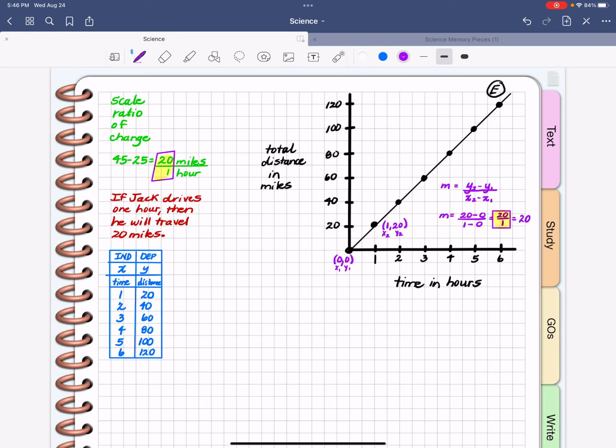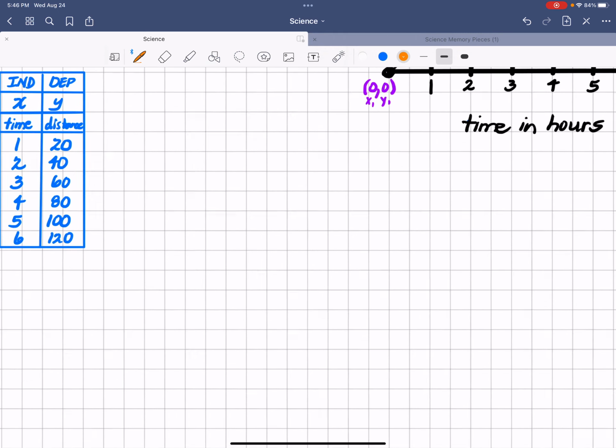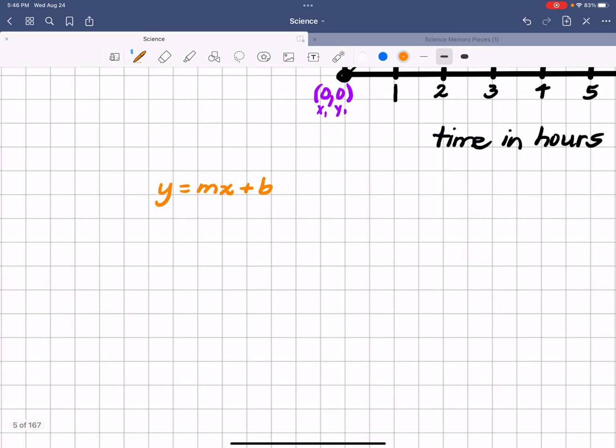Now, if you want to write an equation for your line, as we did in some of those previous videos, here's how you would do that. You need the point slope formula. So you would have y sub 2 minus y sub 1. No, I'm sorry. I'm a fruitcake. It's not the right formula. It's slope-intercept. Y equals mx plus b. Okay, so we just found slope. We found that to be 20.